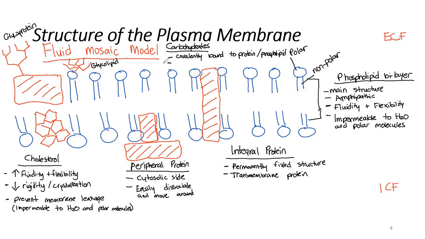They help one cell to signal to the other. So basically cell tagging and cell communication. These are the functions of the glycoproteins and glycolipids.